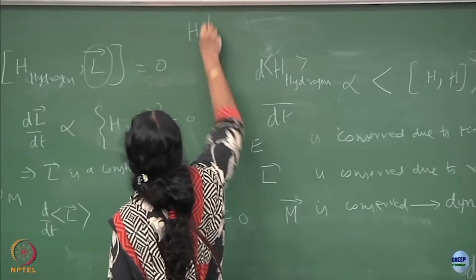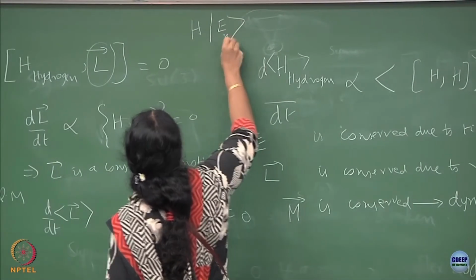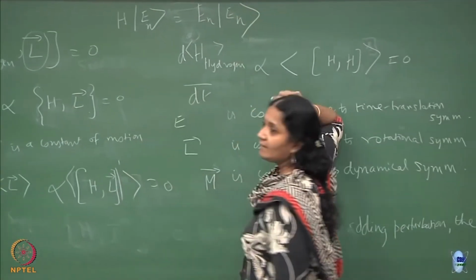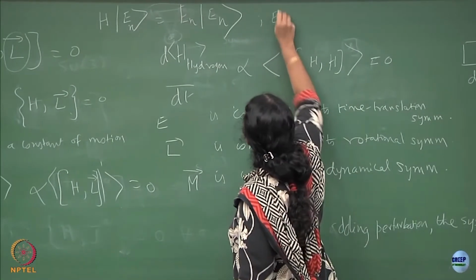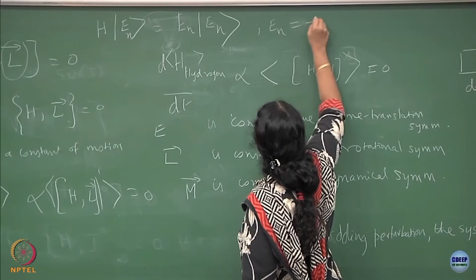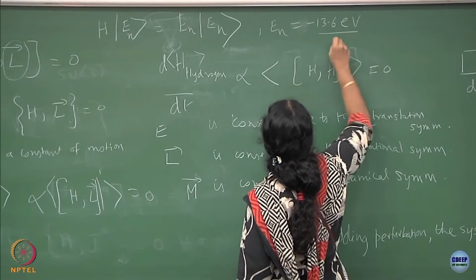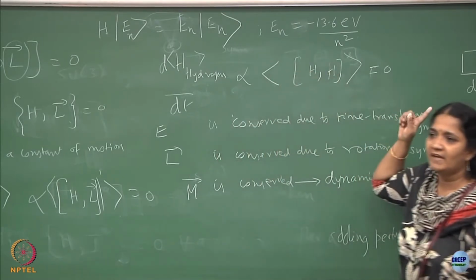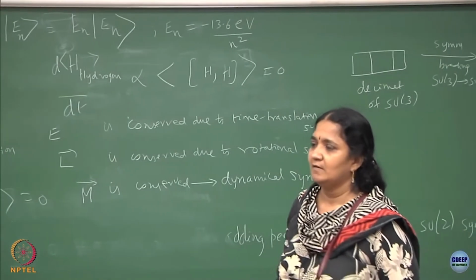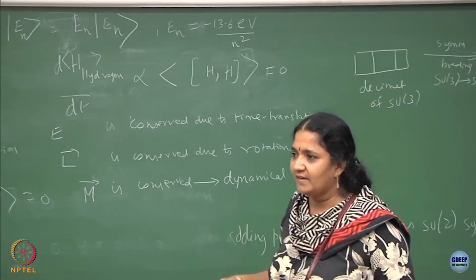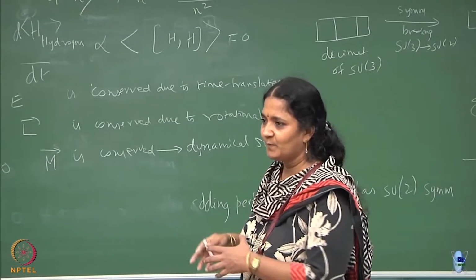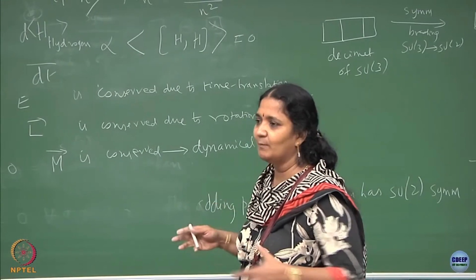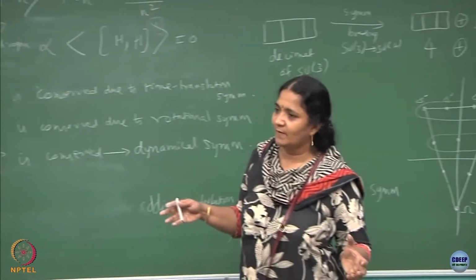You know that the Hamiltonian on an energy state will give you En, where En is proportional to 1 over n squared, and you went through the derivation using the Schrodinger equation in spherical polar coordinates, separating things and finding them to be special functions, and you worked out the energy eigenvalues given by those differential equations satisfied by those special functions.